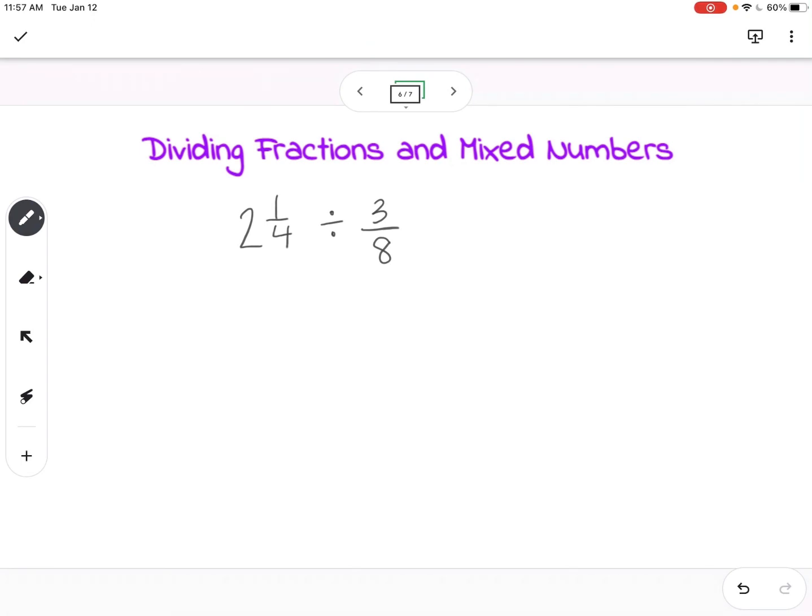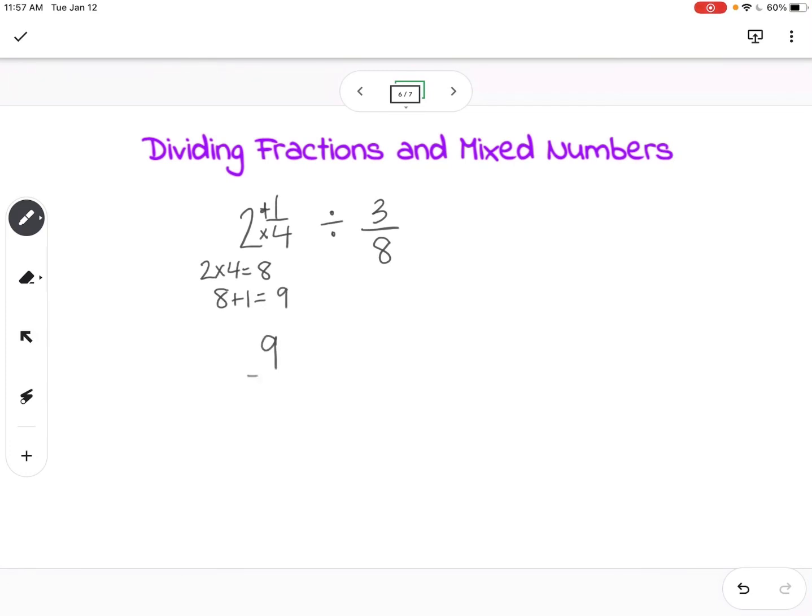Remember, just like you saw in the previous slide, we take our whole number and we multiply it by the denominator, and then we add the numerator. So 2 times 4 is going to give us 8. And then 8 plus 1 more is going to give us 9. I'm going to show this step. So 2 times 4 equals 8, and then 8 plus 1 equals 9.